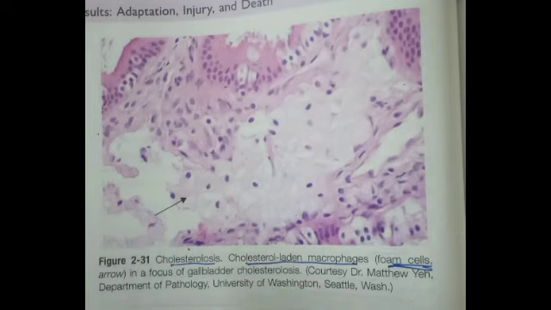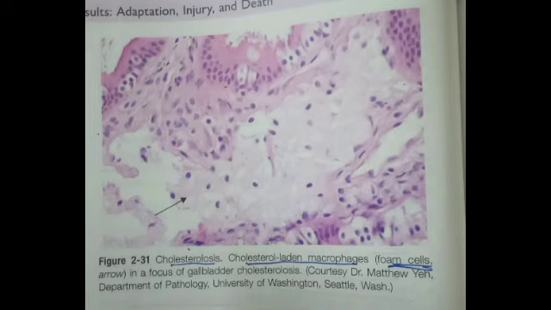Glycogen also accumulates within the cells in a group of related genetic disorders. If glycogen accumulates in a group of related genetic disorders, collectively we refer to it as glycogen storage disease or glycogenosis. In these diseases, enzymatic defects in the synthesis or breakdown of glycogen result in massive accumulation of the glycogen, and it causes cell injury and cell death.